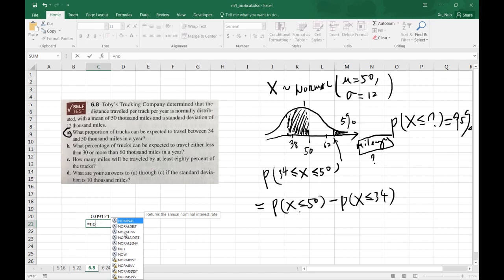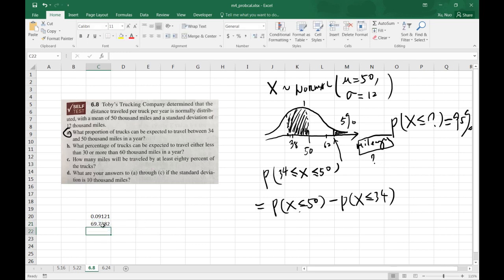It's called normal inverse. So now in this case, remember, it's an inverse cumulative probability. In this case, we need to enter 95% cumulative probability, and of course the mean and the standard deviation stay the same, 12.